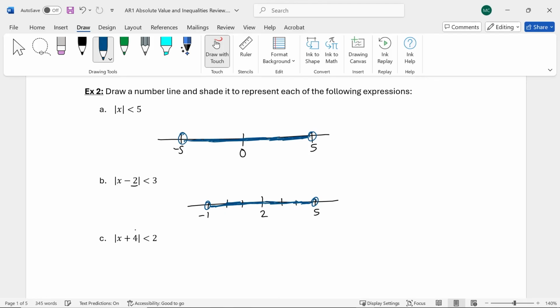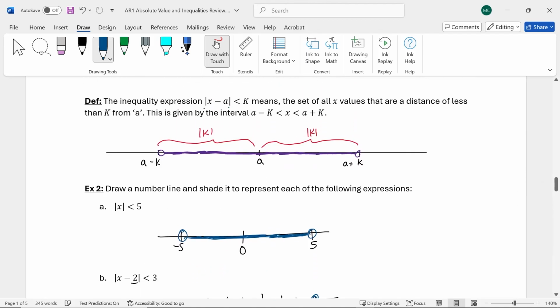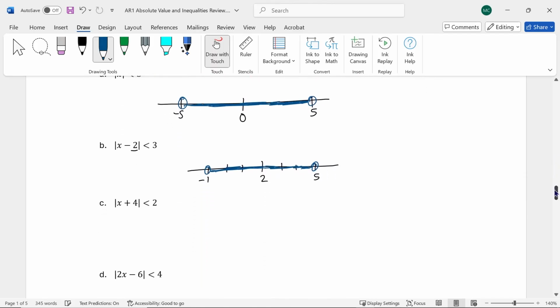Now for C here, this one's a little tricky because we've got the absolute value of x plus 4. But remember, our distance notation here is the absolute value of x minus a. So we actually have to change this a little bit and write the absolute value of x minus negative 4 is less than 2. And then we see that the distance we're measuring from is from the number negative 4.